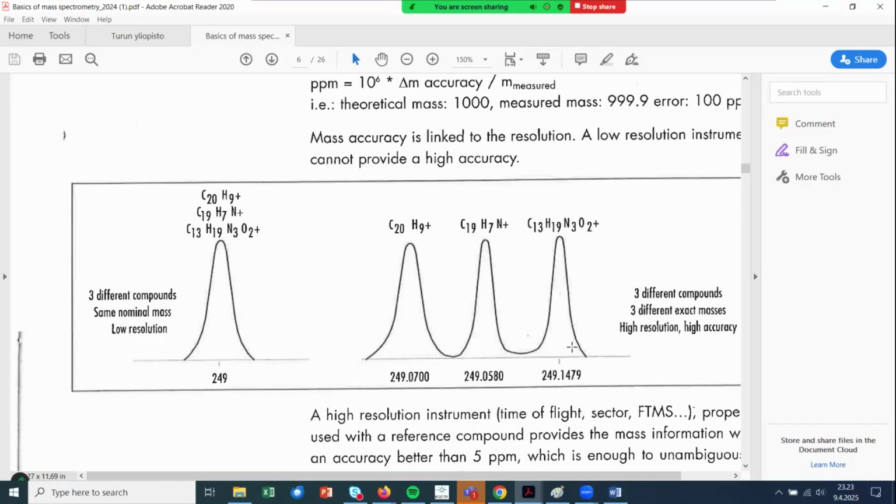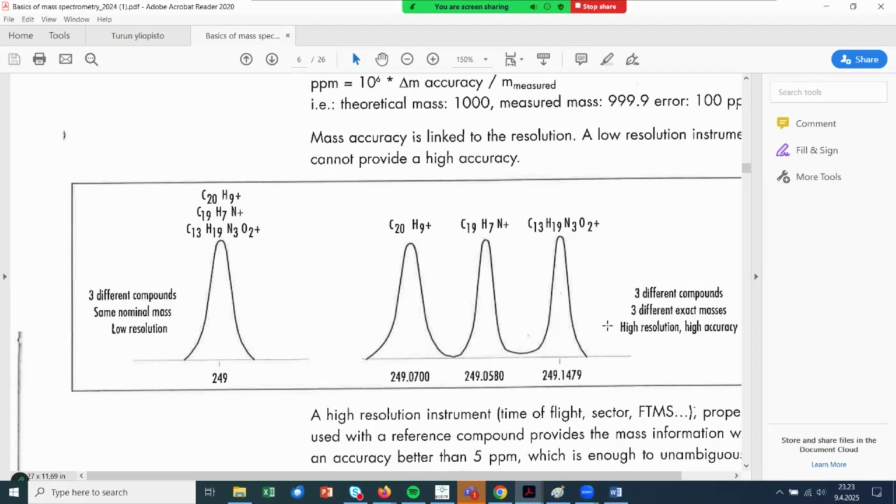These are all within the range of mass unit 249 Daltons, and the differences are only in the first or second decimal places.